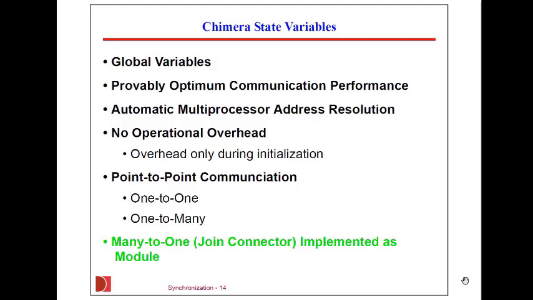The only operational overhead was during initialization, so there's no runtime penalty, and it provides this one-to-one and one-to-many. The global variable scheme did not allow directly for many-to-one, but then an implementation was created for what's called a join connector.